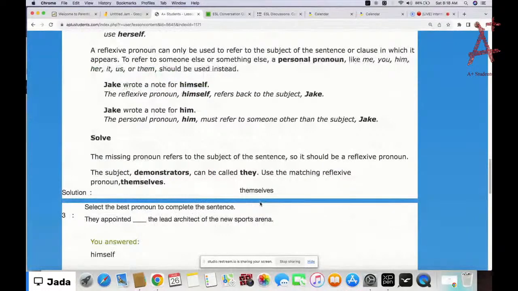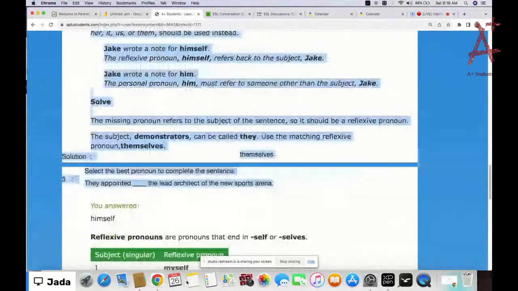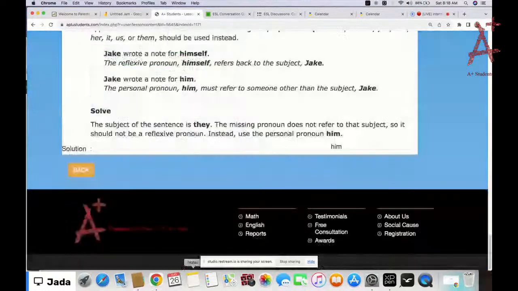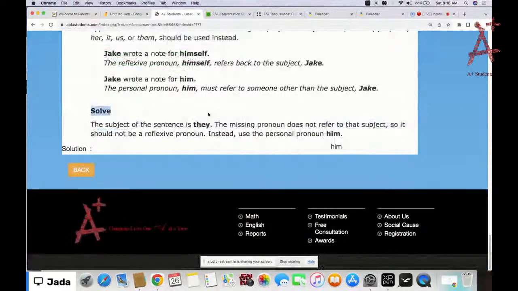It is "him" because the subject of the sentence is "they." The missing pronoun does not refer to the subject, so you cannot use "themselves." It should not be reflexive. Instead, use a personal pronoun, "him."